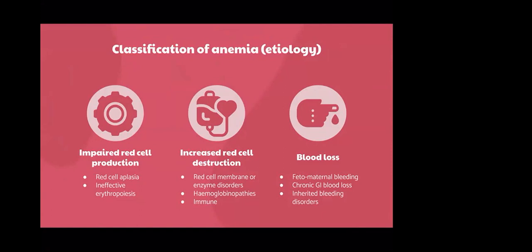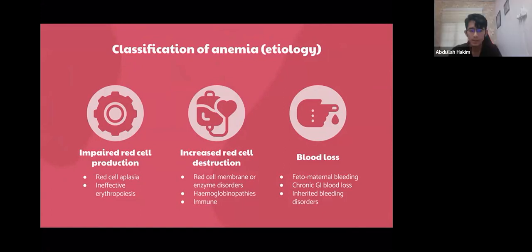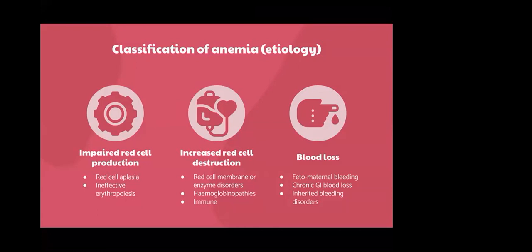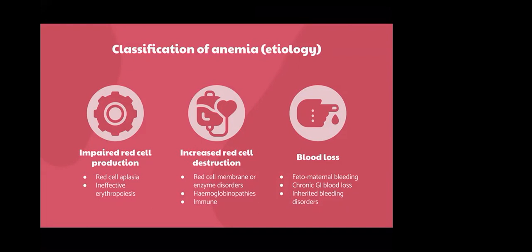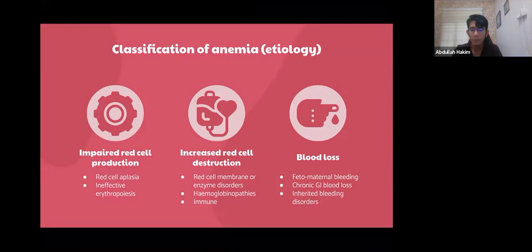The other one is ineffective erythropoiesis, which may include iron or folic acid deficiency, or anemia due to chronic disease and also chronic renal failure. Next is increased red cell destruction, which will be presented by the next presenter under hemolytic anemia.